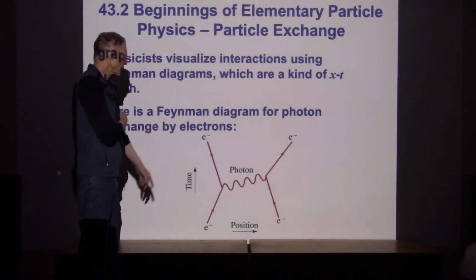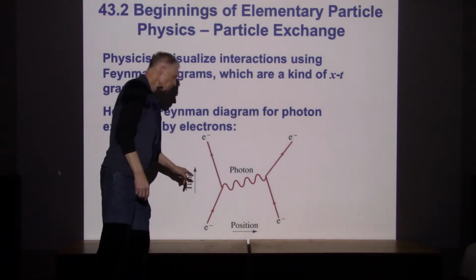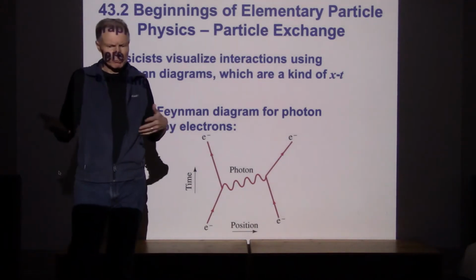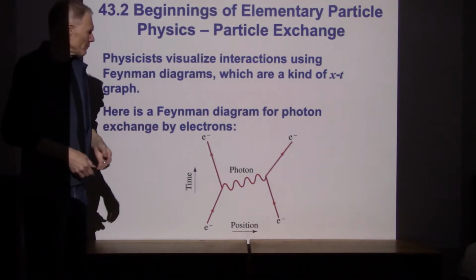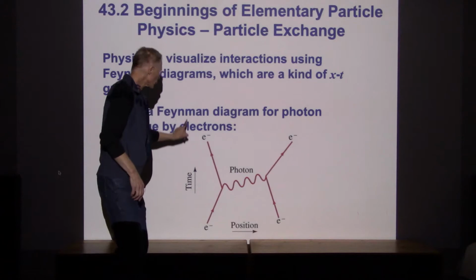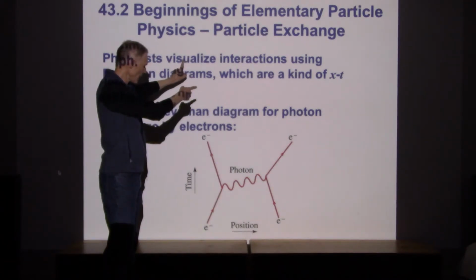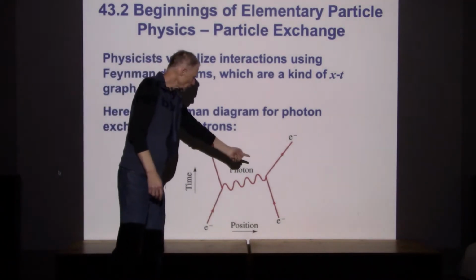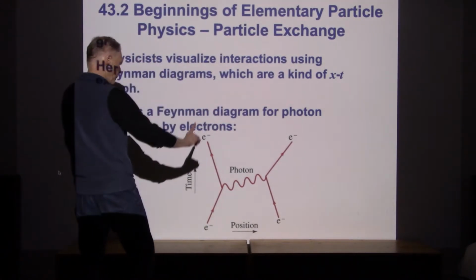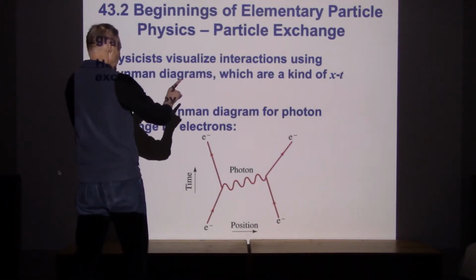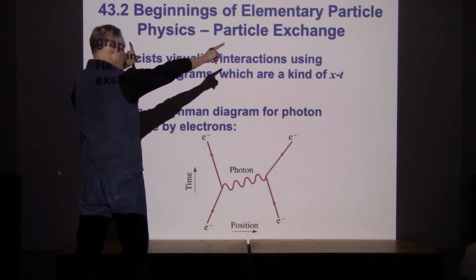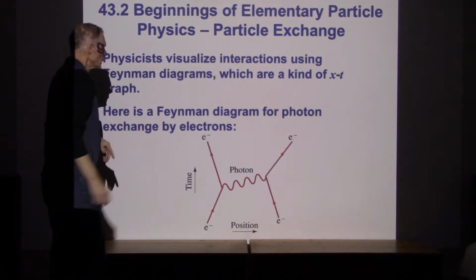One thing I want to point out on this Feynman diagram is that traditionally there are different ways the Feynman diagrams get drawn. Often they get drawn as time goes from bottom to top, with position going this way. So the particles at the bottom are going into the reaction and the particles at the top are coming out.